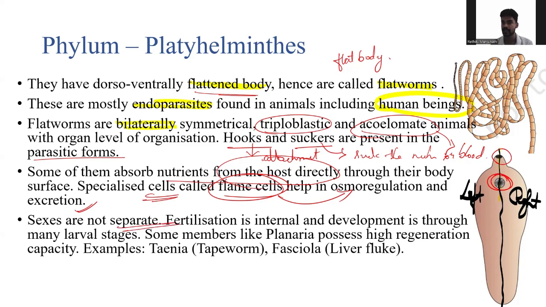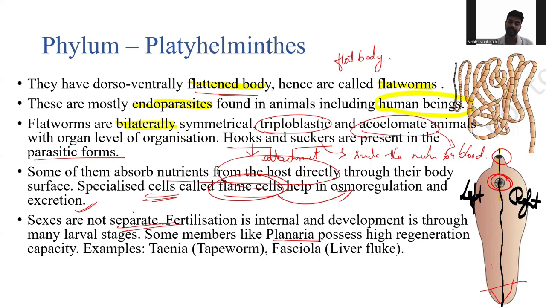Fertilization is internal, and development is through many larval stages. Some members like planaria possess high regeneration capacity, meaning if you cut off a small part, it gets regenerated.